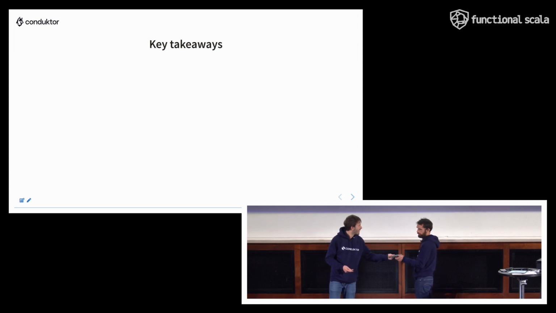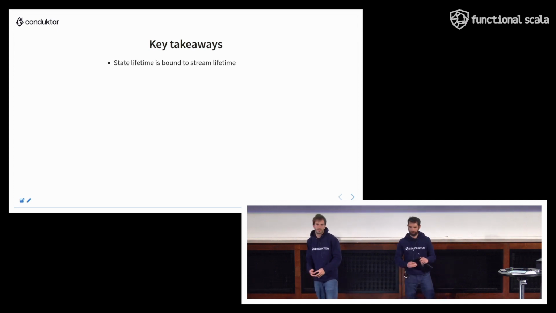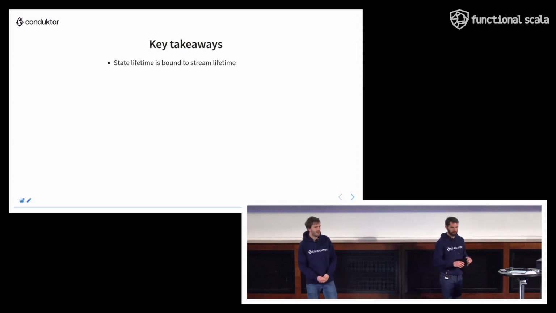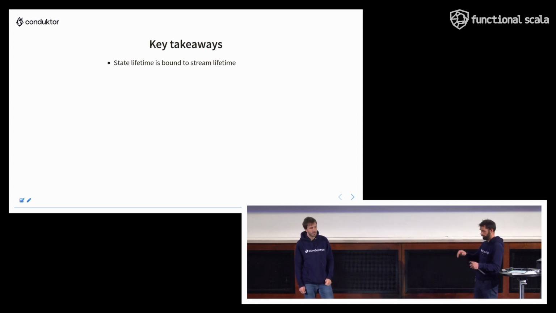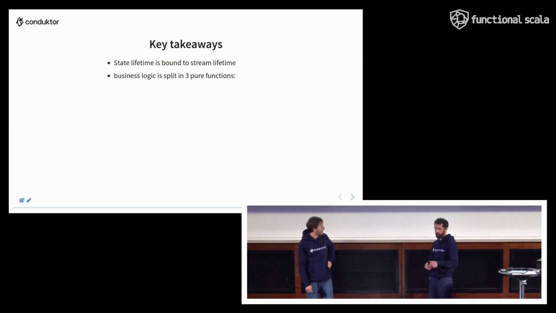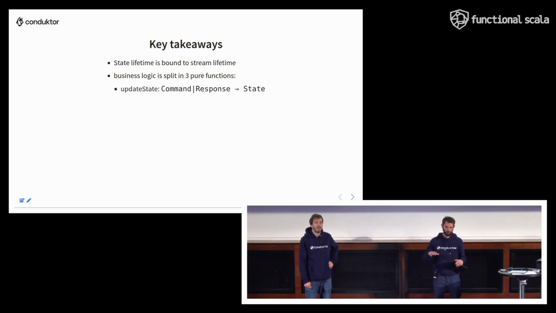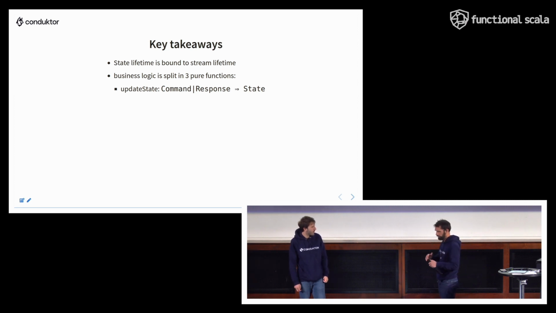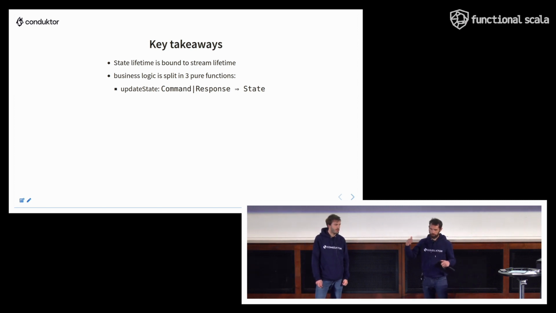Okay, so what did we learn at that point? We combine the lifetime of the state to the lifetime of the stream. It's quite easy to do with ZIO Stream. And also our business logic can be cut in 3 parts. The first one being the update state, that gets either a command or a response and goes to the next state.